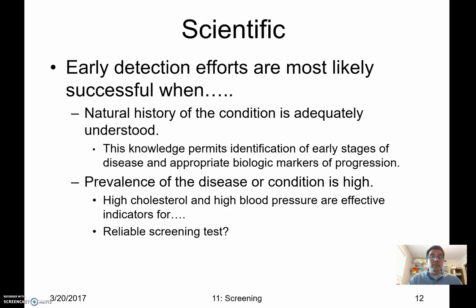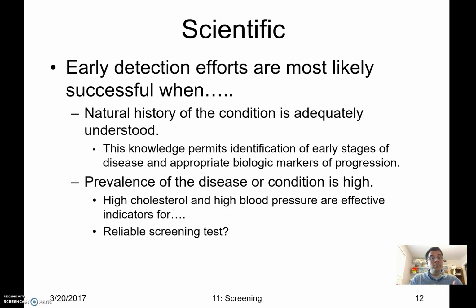and we're able to understand the appropriate biological markers with respect to progression. Another aspect of it also is that we need to, from a scientific standpoint, is that prevalence of the disease or the condition is high, as in there's lots of individuals within the community that would test positive with that screening test.